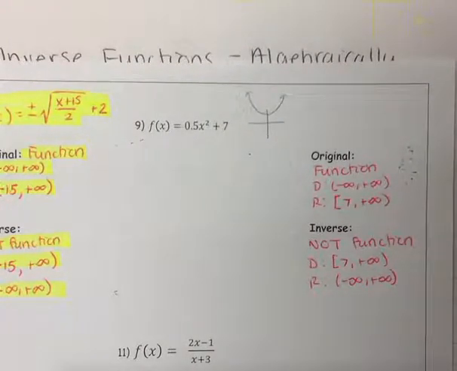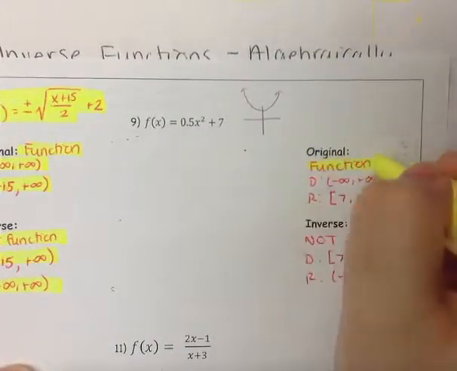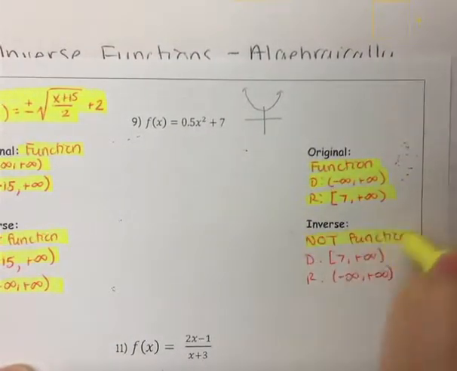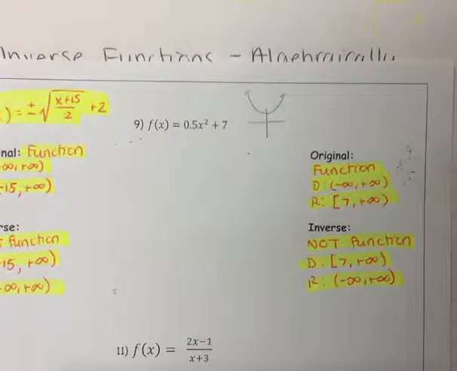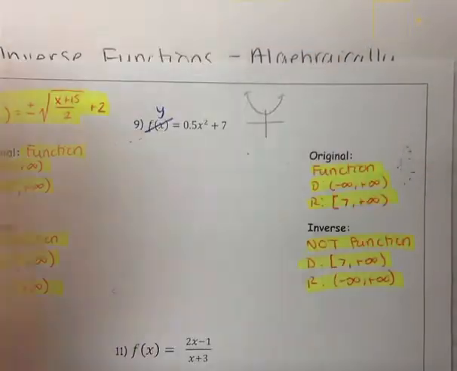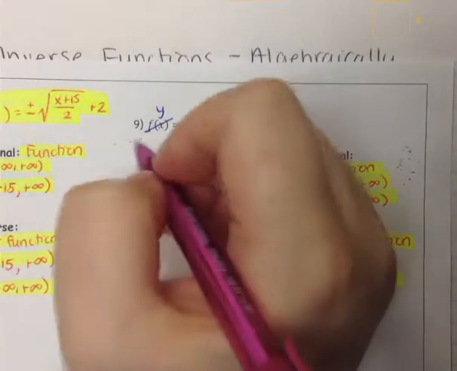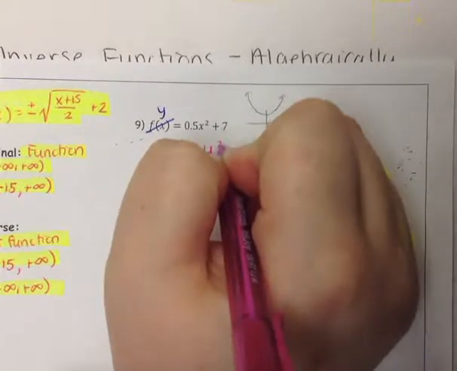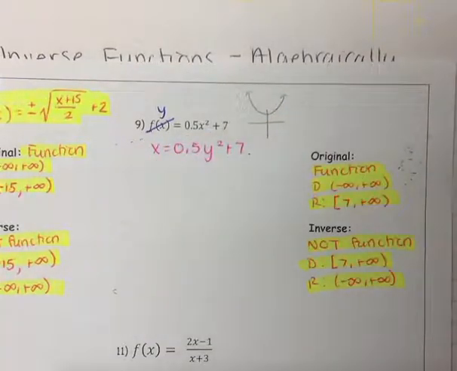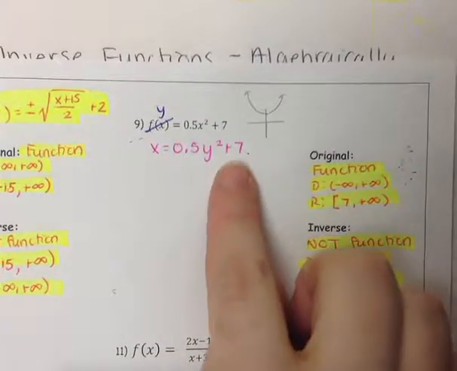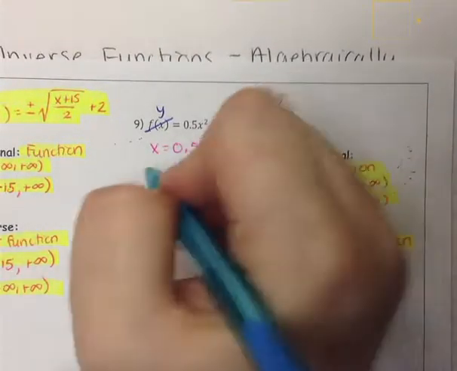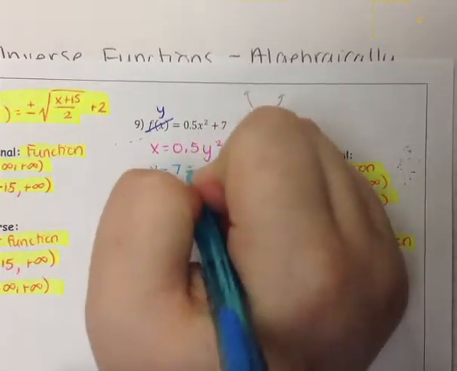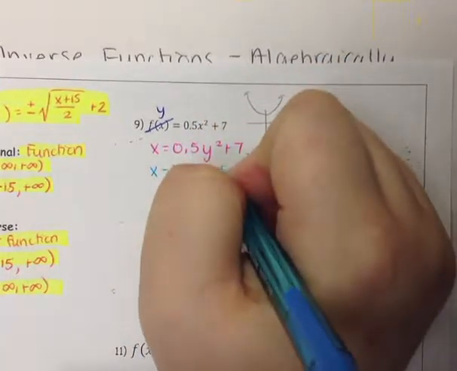So we can go and find the equation of our inverse. Going to change f of x to y. Rewrite this as x equals a half times y squared plus 7. To solve for y, we need to subtract the 7 over. So we'll have x minus 7 is equal to a half times y squared.